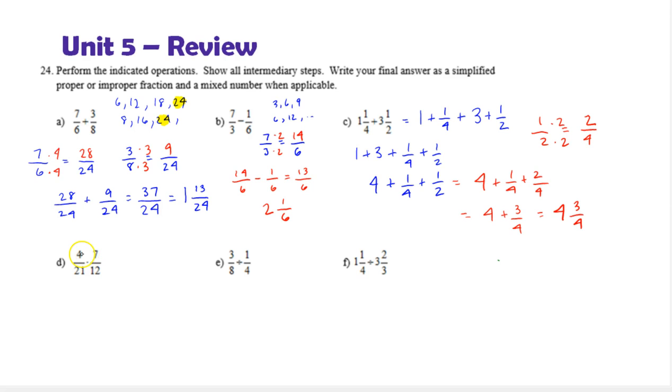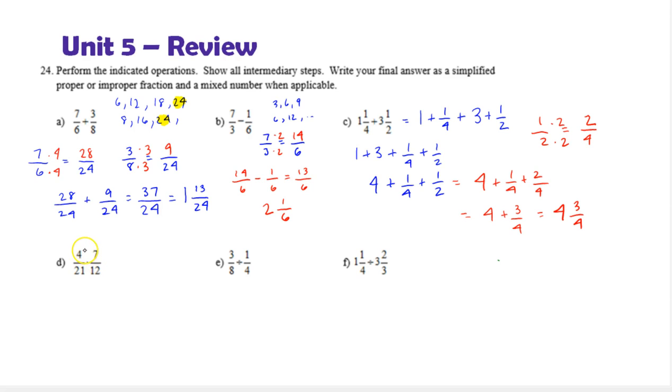Here we're multiplying 4 over 21 times 7 over 12. To multiply fractions, you multiply the numerators and you multiply the denominators. But before you do that, you want to check to see if they have any common factors. If you cancel them out now before you multiply, it makes your computations easier.